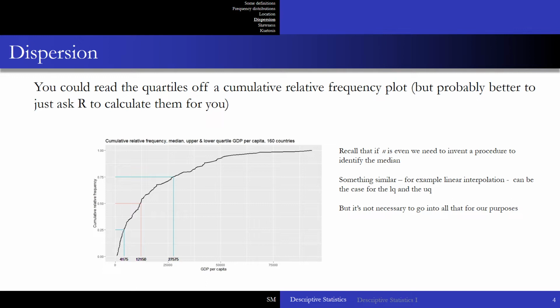Recall that if the sample size n is even, we need to invent a procedure to identify the median. Something similar, for example linear interpolation, can be the case for the lower quartile and the upper quartile. But for our purposes, it's not necessary to go into all of that.